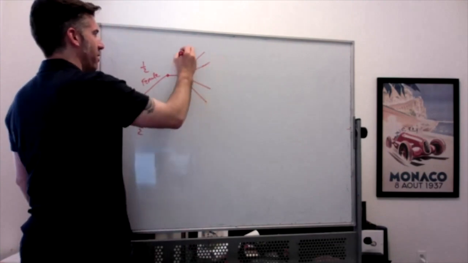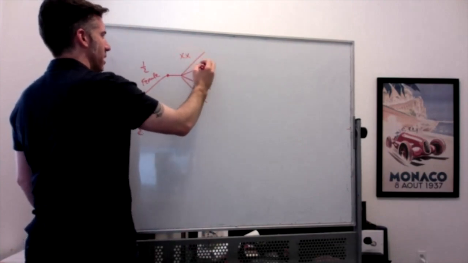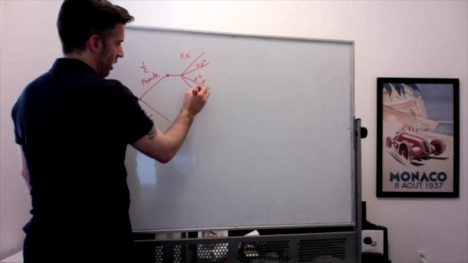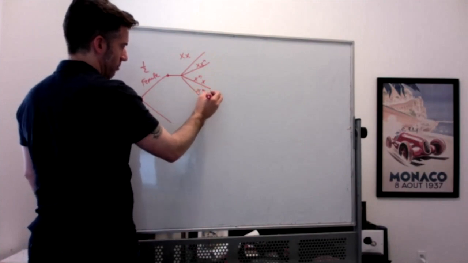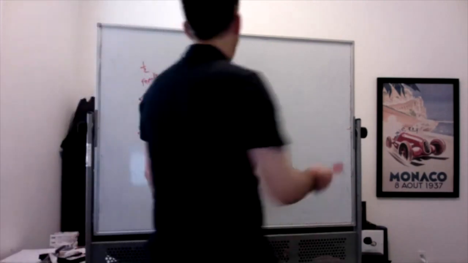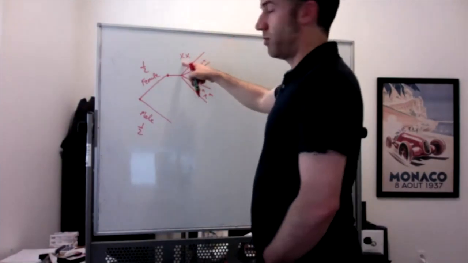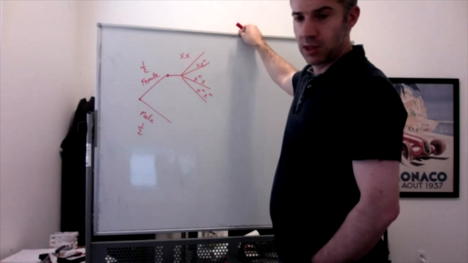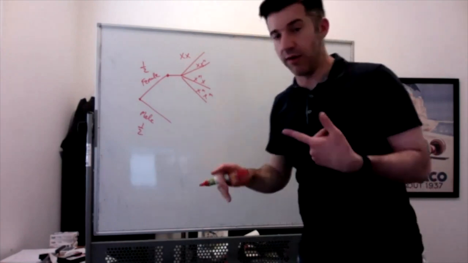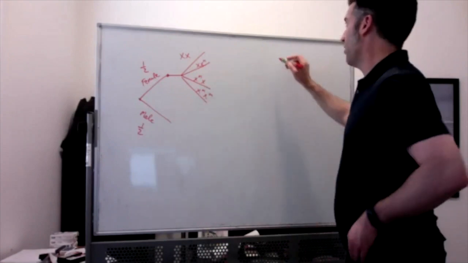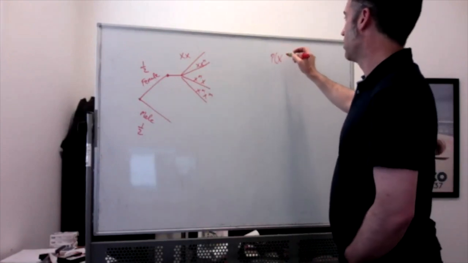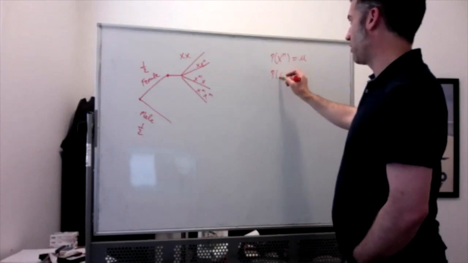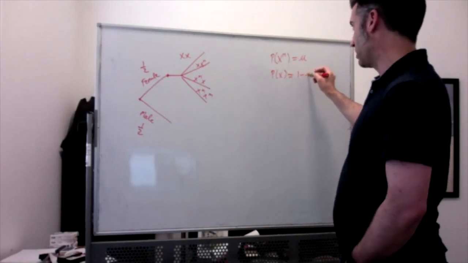We can either have XX, XXM, XMX, or XMXM. And the probability of having a mutated gene is going to be mu, and the probability of having a not mutated gene is going to be 1 minus mu.